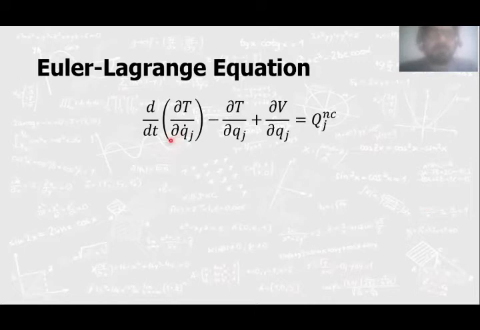The first element is the derivative with respect to time of the partial derivative of T with respect to q dot, minus the partial derivative of T with respect to q, plus the partial derivative of V with respect to q. And on the right side, we have the Q nc.